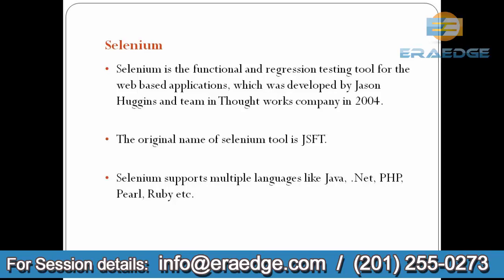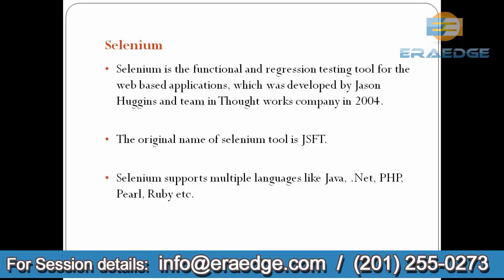So Jason Huggins and team are the Java development team. They used to work for a company called ThoughtWorks in the year 2004, and the original name of the Selenium tool is JSFT. JSFT stands for JavaScript Functional Testing. Since Jason Huggins and team are Java developers, they implemented their framework using JavaScript. So that is called JavaScript Functional Testing.